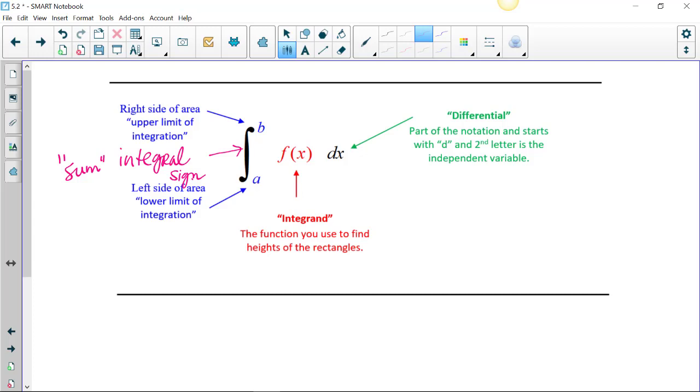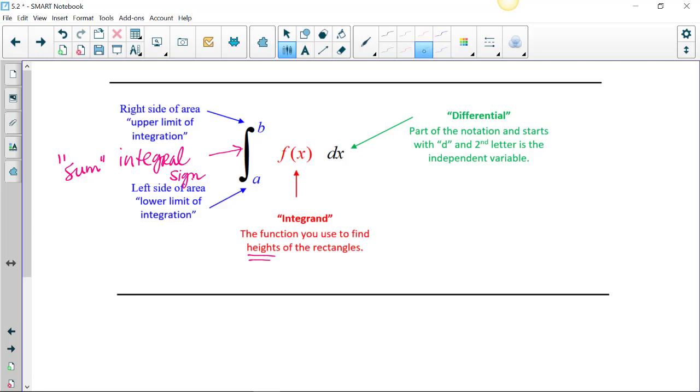Inside the integral, you'll be giving the function that you're finding the area between the graph of that function and the x-axis. That's called the integrand. Kind of like when you have radicals in algebra, what's underneath is called the radicand. Kind of that same terminology. That's the function that you use. You plug in your x values from A to B, whatever they are, into that function to find, remember, the heights of the rectangles.